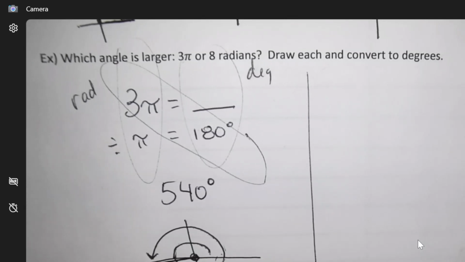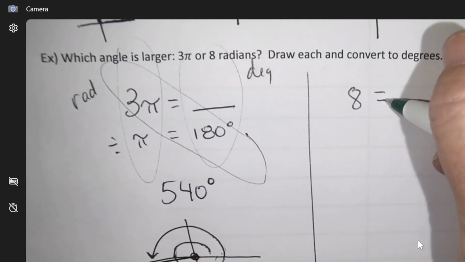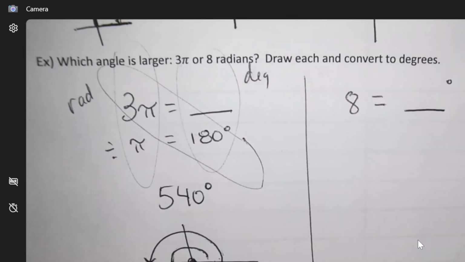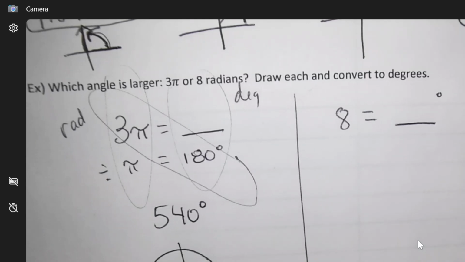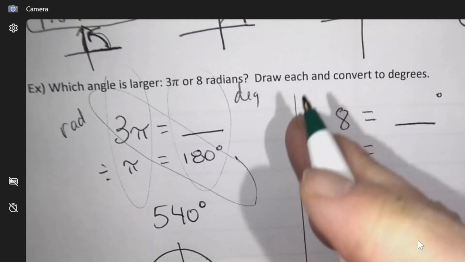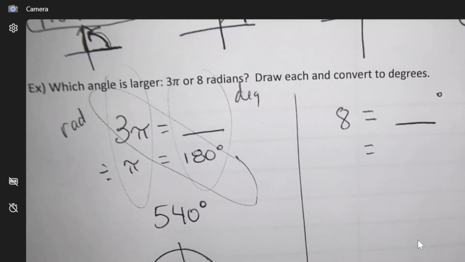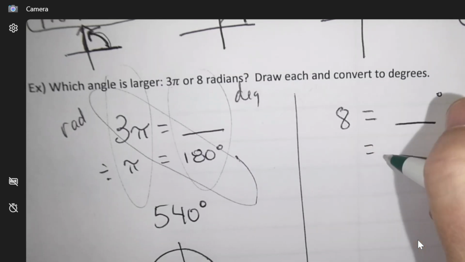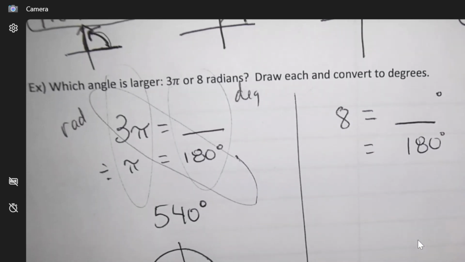Versus 8 radians. So 8 radians is what? I'm trying to figure out the degrees. So where are you going to line up? Where are you going to put a pi and a 180? Make sure they're lined up with each other. The 180 has to be on the degree side, right?